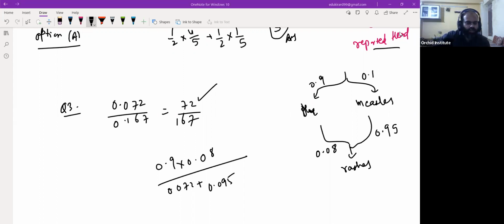Let us calculate it. 6 by 11 it would be here. And then here it will be 6 by 11 plus 4 by 7.